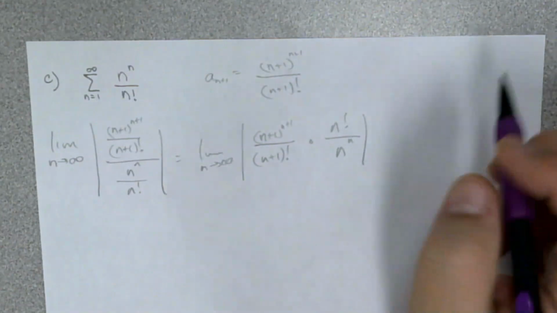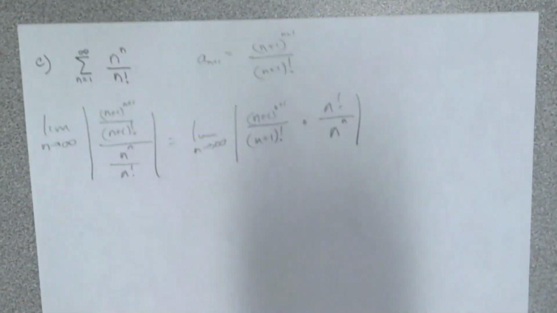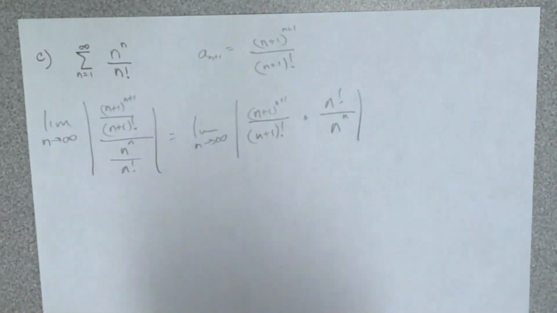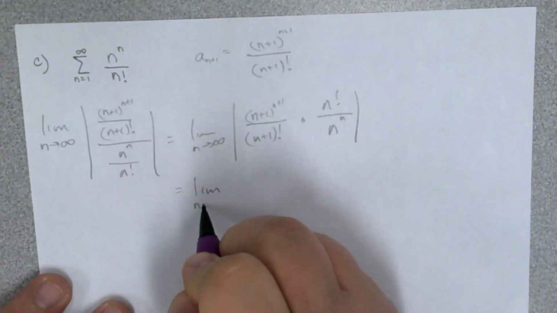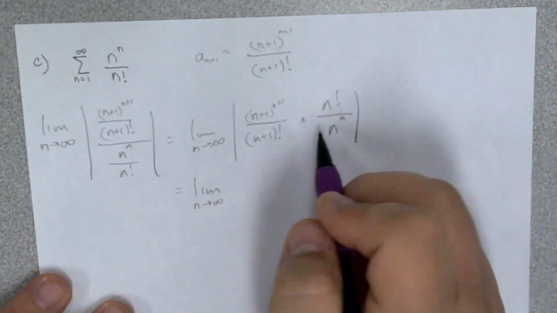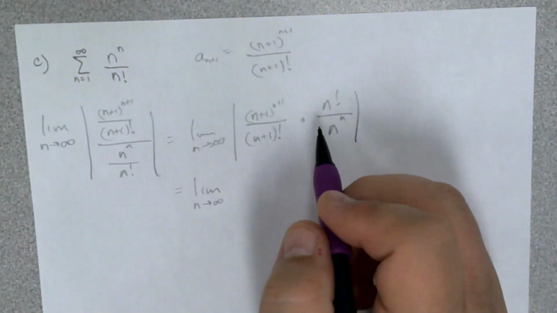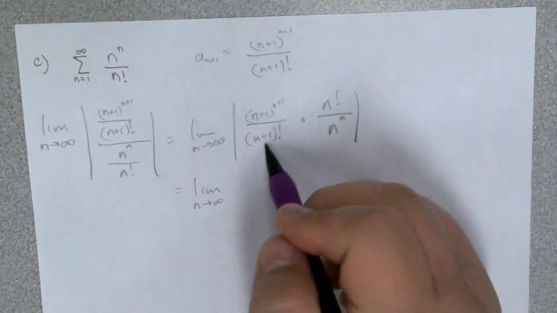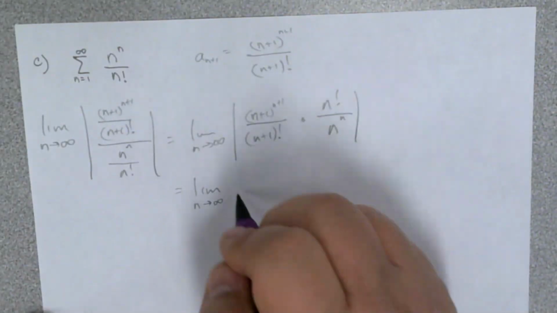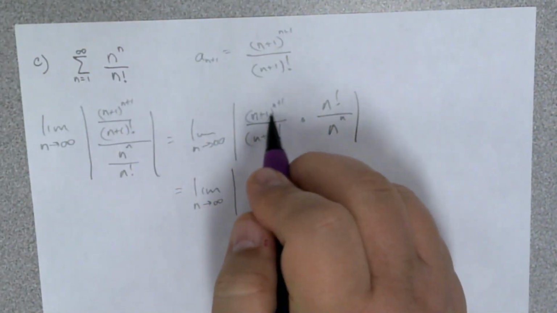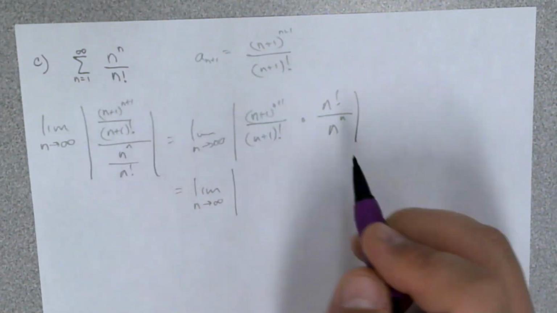Okay, so what is all this going to become besides an ugly looking mess? Let's see. What can I do here? Well, I know that this and this can reduce out. I don't know so much about this over here, but we can clean it up just a little bit. So this right here is this to the n plus 1.